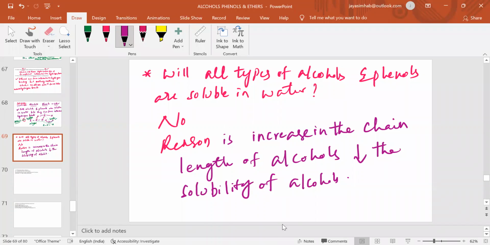Even phenols also, because of the heaviness of the phenols. So this is the reason.